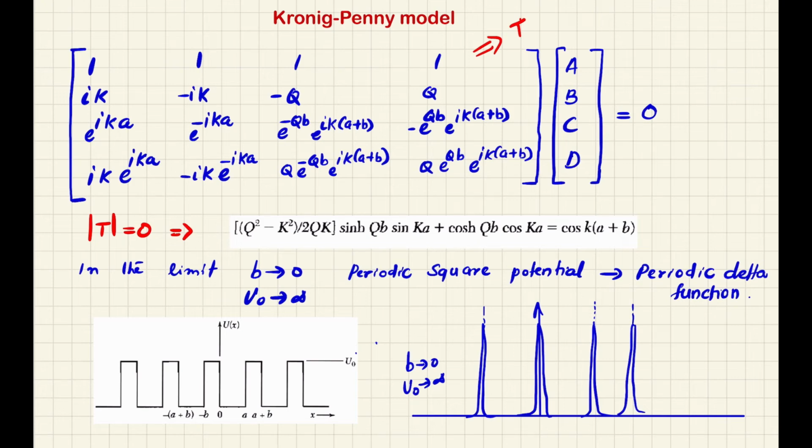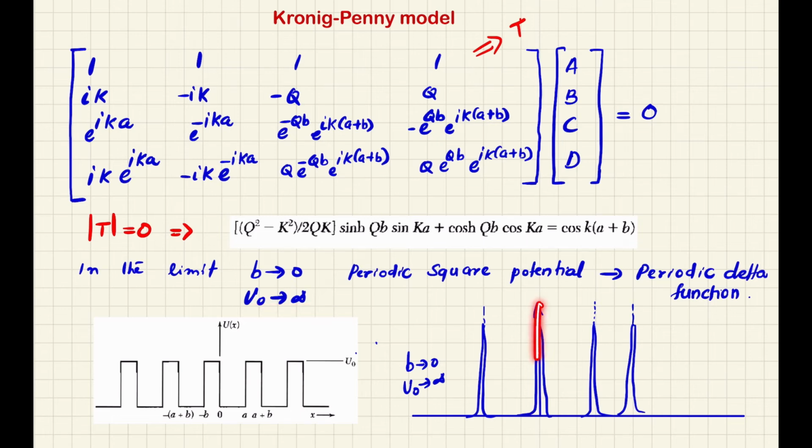What you can do is assume the thickness b of this region tends to 0. If that thickness tends to 0, then it can be approximated as a delta function, provided U0 is infinity.